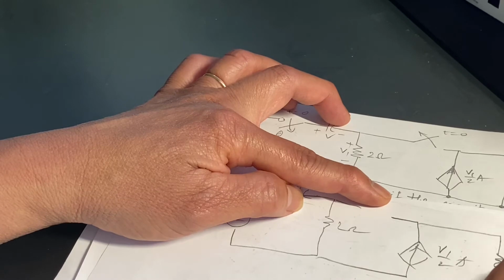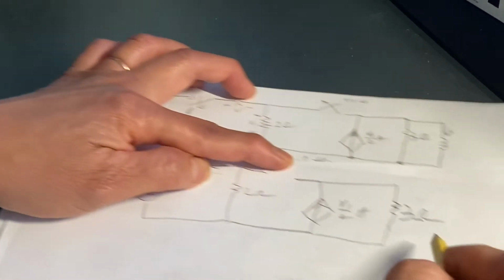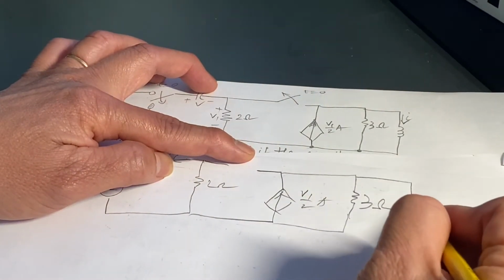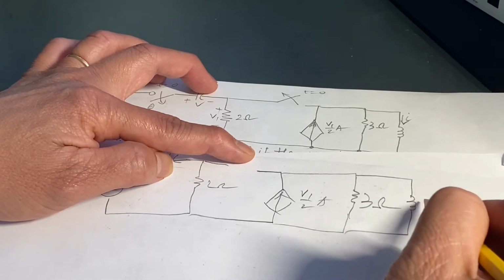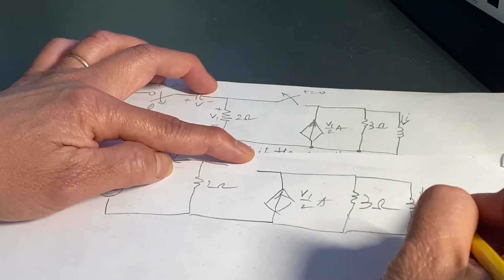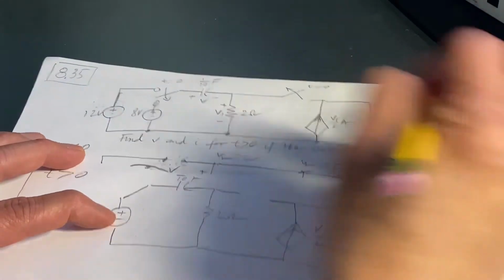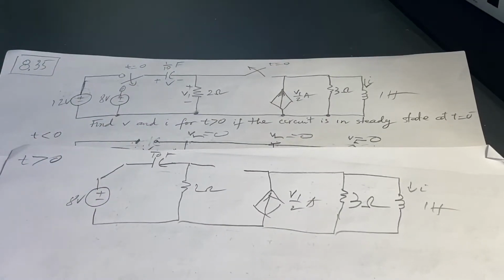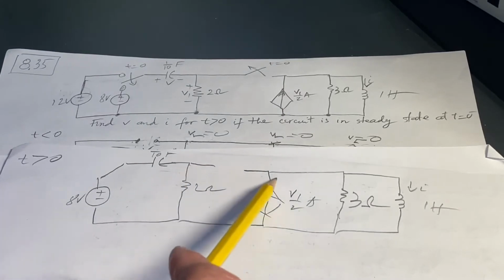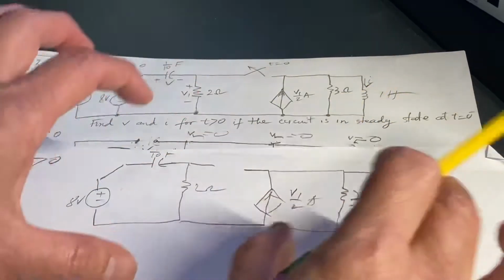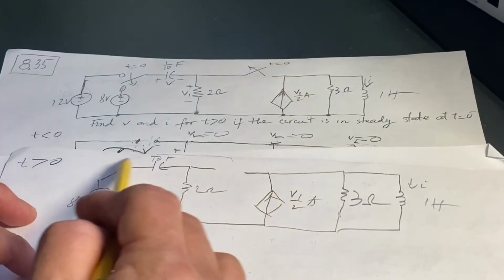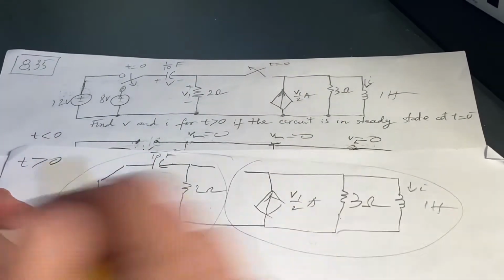This is 3 ohm here, and the inductor acting right now, current I right here. This is 1 Henry. Because no current goes to here, this circuit separates. We have two circuits, one circuit here, one circuit here.